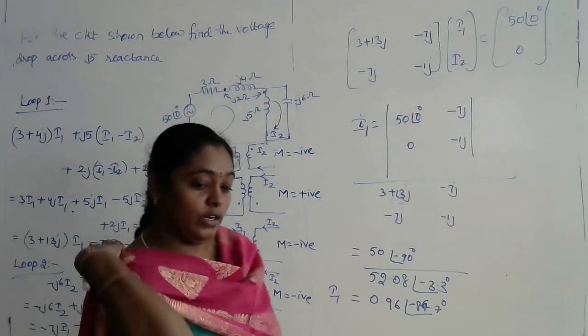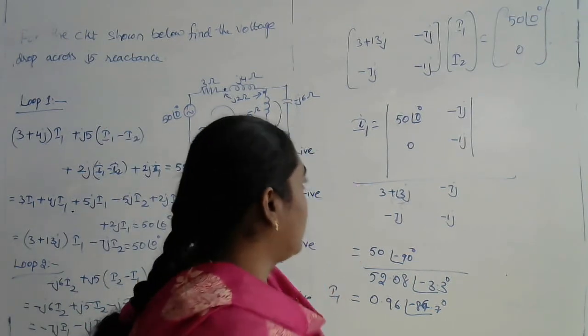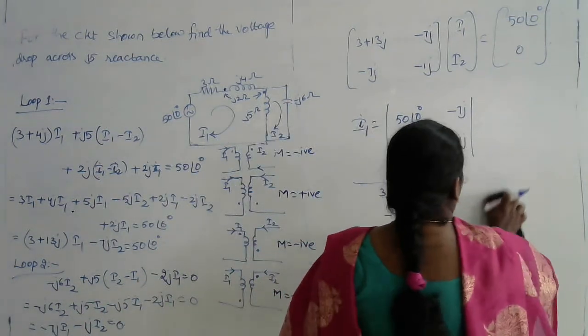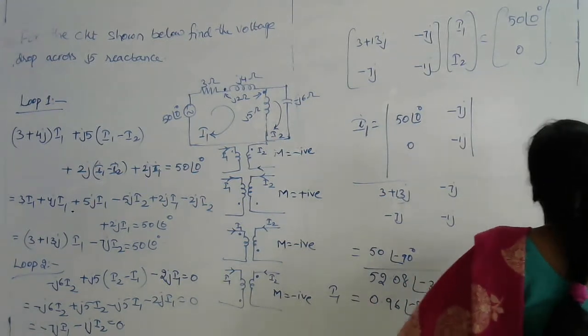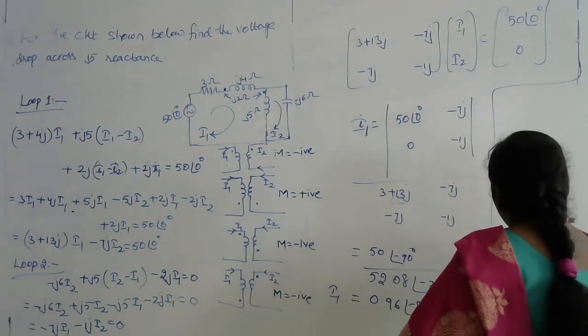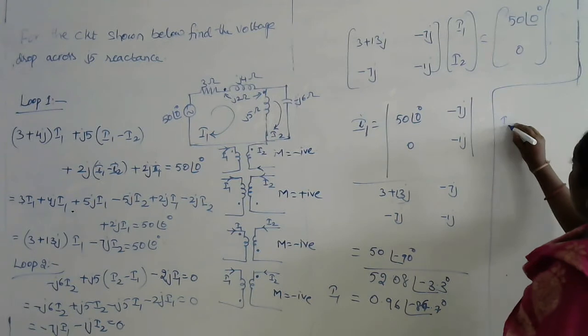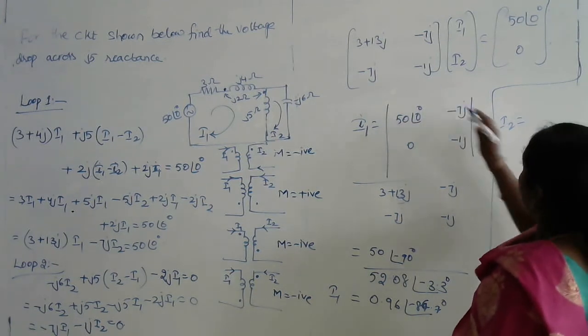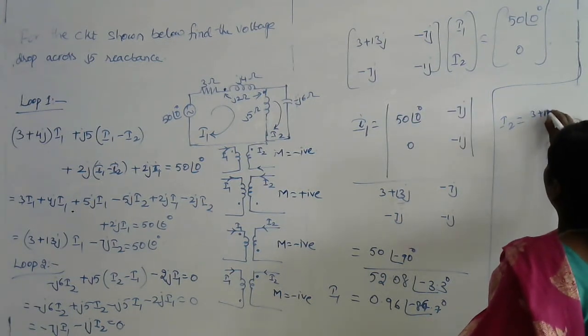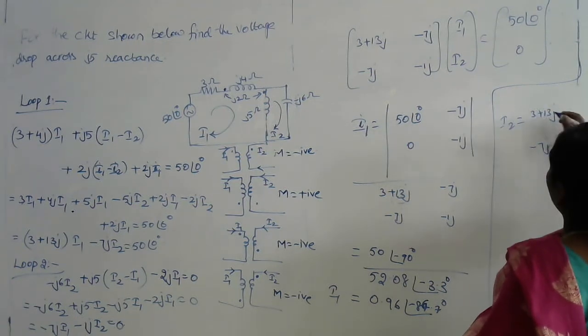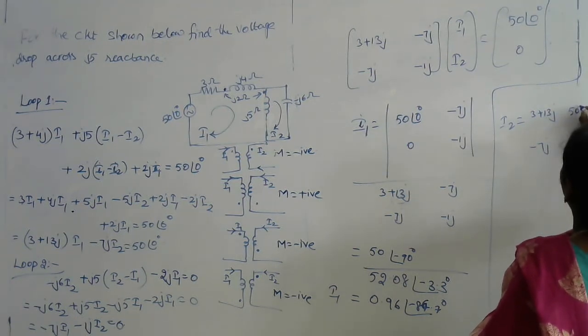Similarly, if I want to find out the I2 current, here I2 is equivalent to, just write down 3 plus 13j and minus 7j, and the second I2 column as 50 angle 0 degrees and 0.